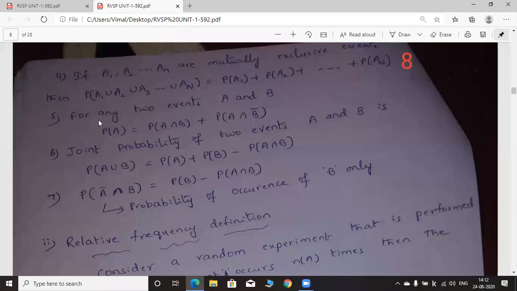Is the screen visible to you? Yes, ma'am. Okay. For any two events, capital A and capital B, P of A is equal to P of A intersection B plus P of A intersection B bar.